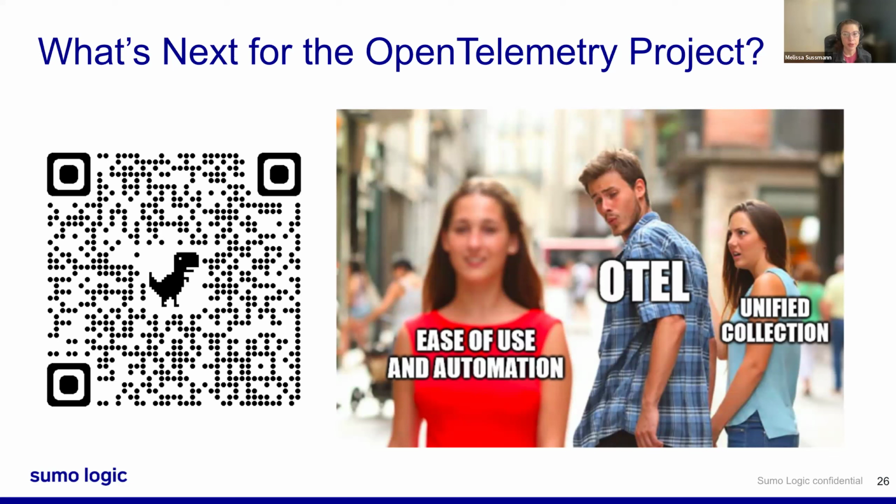OPAMP touts a variety of security features, including auto updating capabilities that support both upgrades and downgrades. It's got TLS certificate rotation and robust connection credential management systems. So there's obviously going to be more of a focus on security as well. These automation features enable secure communication between agents and servers, so it minimizes potential threats.